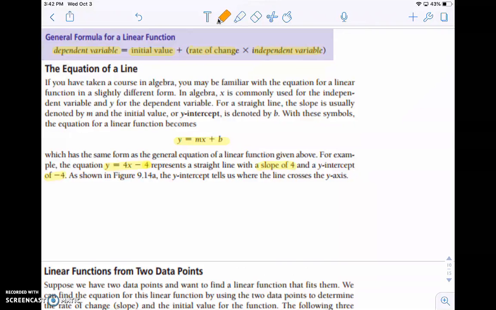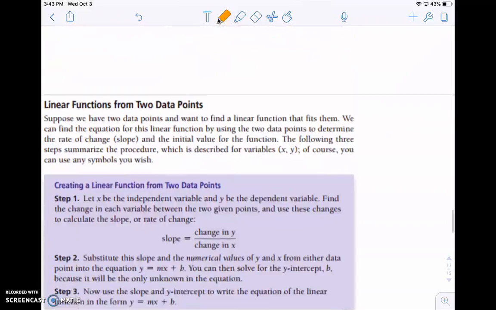So hopefully you can see here, this is like y equals b plus m times x, or y equals mx plus b. When we talk about the dependent variable, we're usually talking about y. When we talk about independent, we're talking about x. We're talking about the y-intercept, that's our initial value. Sometimes we use those terms interchangeably, and then we'll go from there.